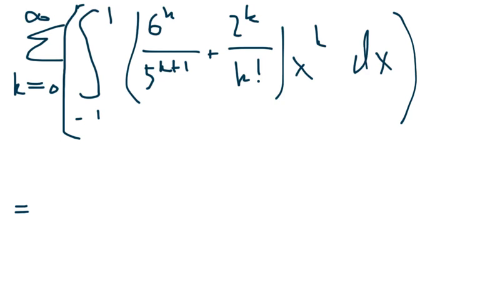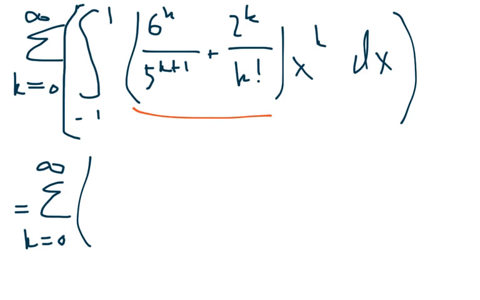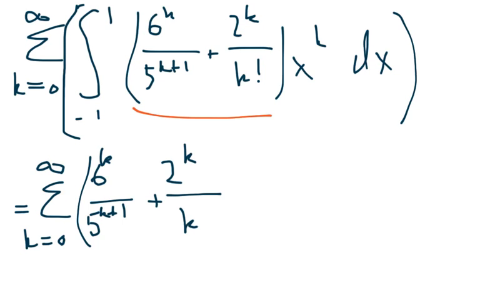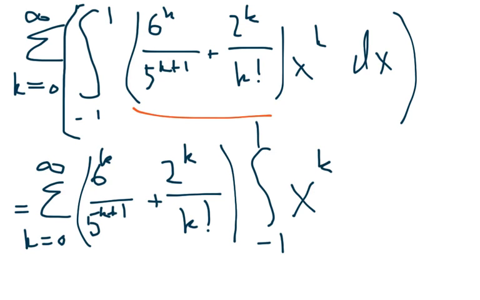And of course this whole thing is constant with respect to x, so let's bring it out. And what we have out here is this sum still, k equals 0 to infinity, 6 to the k over 5 to the k plus 1 plus 2 to the k over k factorial, and then we just have the integral from -1 to 1 of x to the k dx.